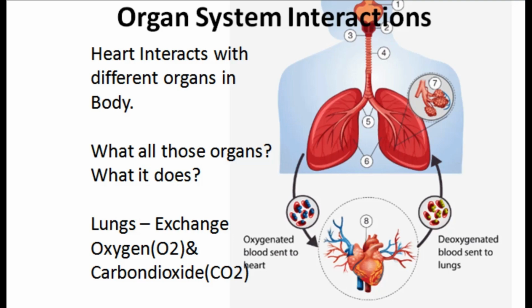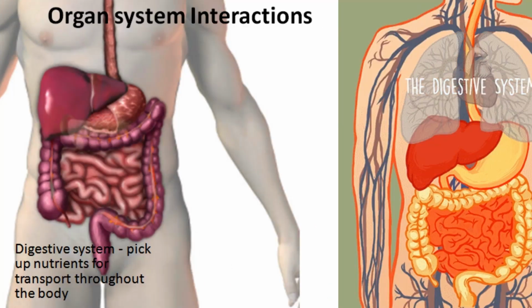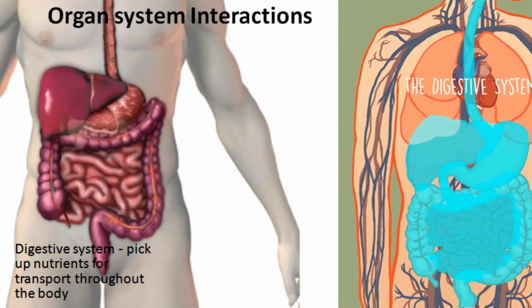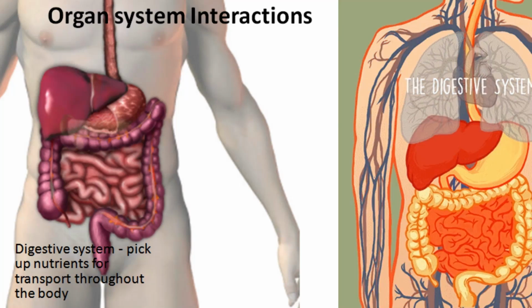Second system we have is the digestive system. Like in the stomach, blood will rush into the stomach. It will pick up the nutrients produced by the food that we eat. We eat the food. What happens next? It will digest. It will release the nutrients. These nutrients will be picked up by the blood.